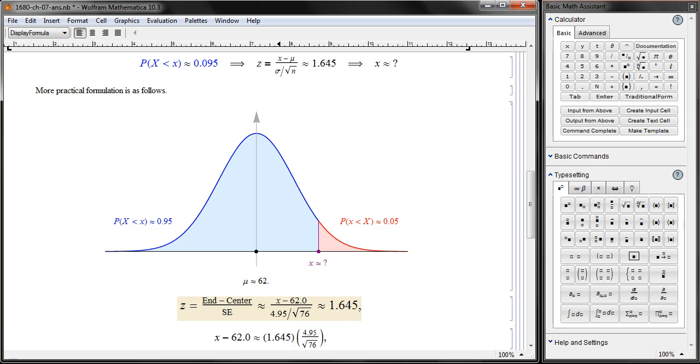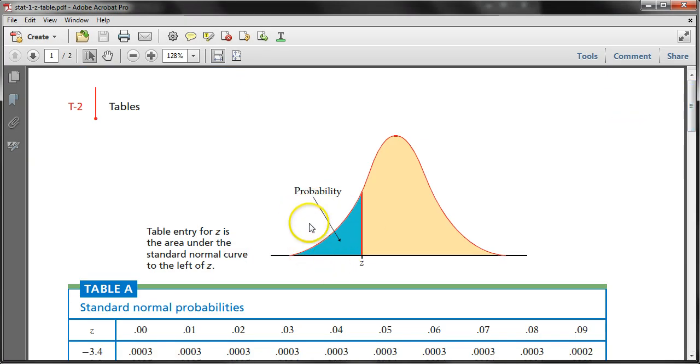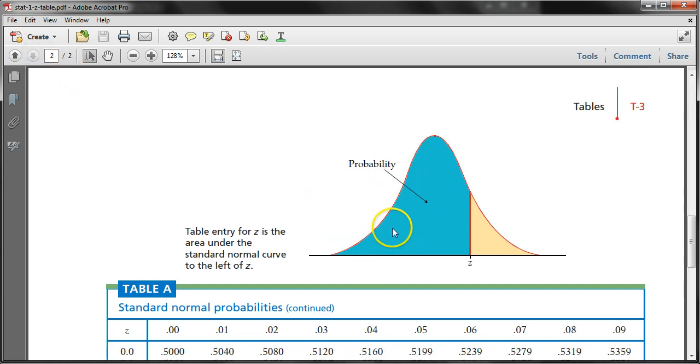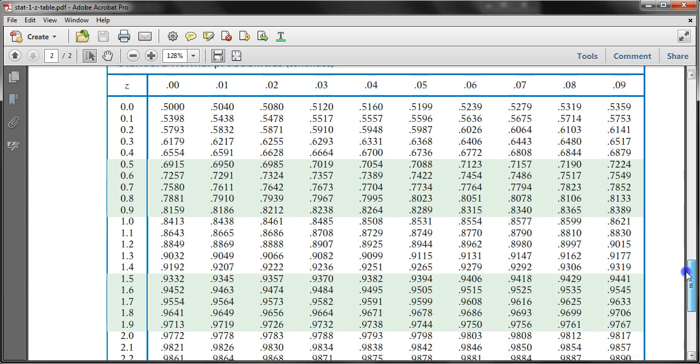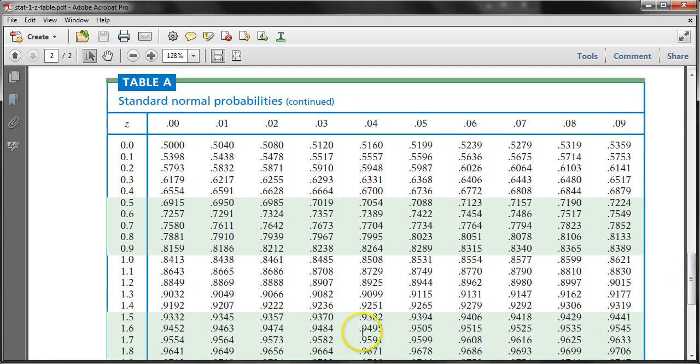Shall we check? Here we go. This is the z-table here, and this shaded probability has been 95%, so it should be the second page. Here, this one. Let's find the z-score closest to 95%. These two numbers will do: 0.9495, 0.9505.